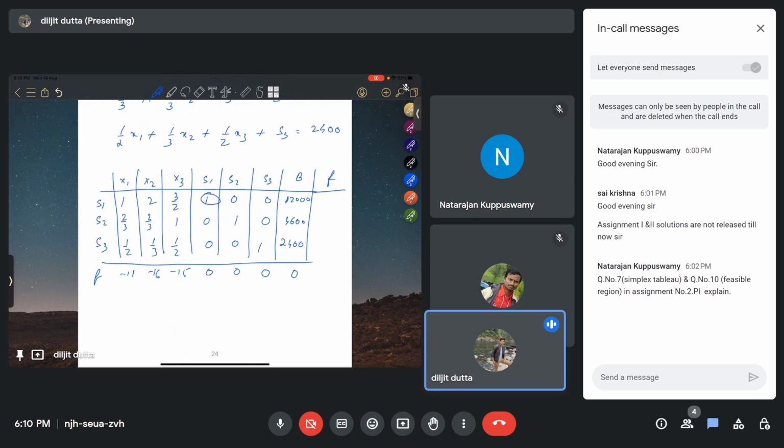What is the minimum one? It is minus 16. So x2 will go in as the basic variable, and we have to see for which variable it will be replaced. So we take the ratio b by aj. 12,000 by 2 is 6,000. 4,600 by 3, how much will it be?